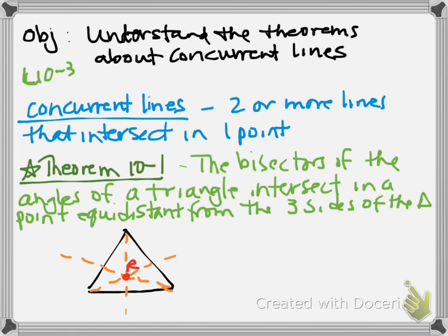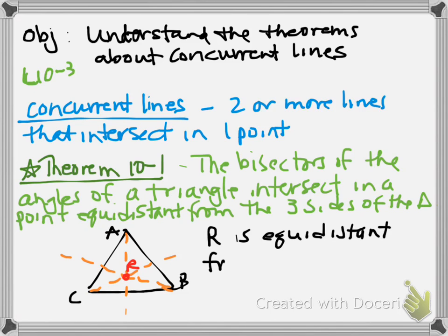We'll call it triangle ABC. And so from this theorem, what it says is that R is equidistant, it's the same distance from each side. So from segment AB, segment AC, and segment BC. Okay.